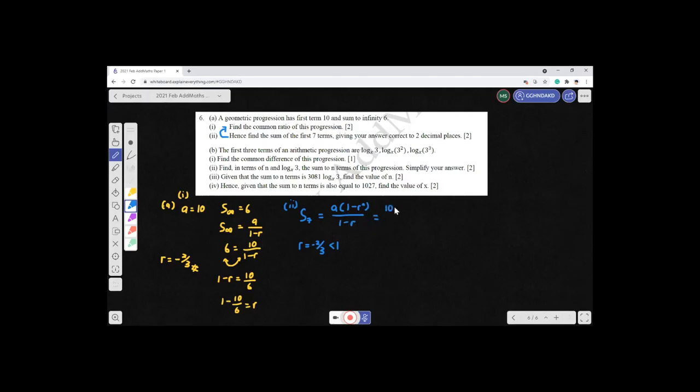The a is 10. 1 minus r, negative 2 over 3, to the power 7, because your n is 7, over 1 minus negative 2 over 3. Any kind student who would like to help me find the answer using a calculator? I hope no one types wrong. So please try to find your answer now.